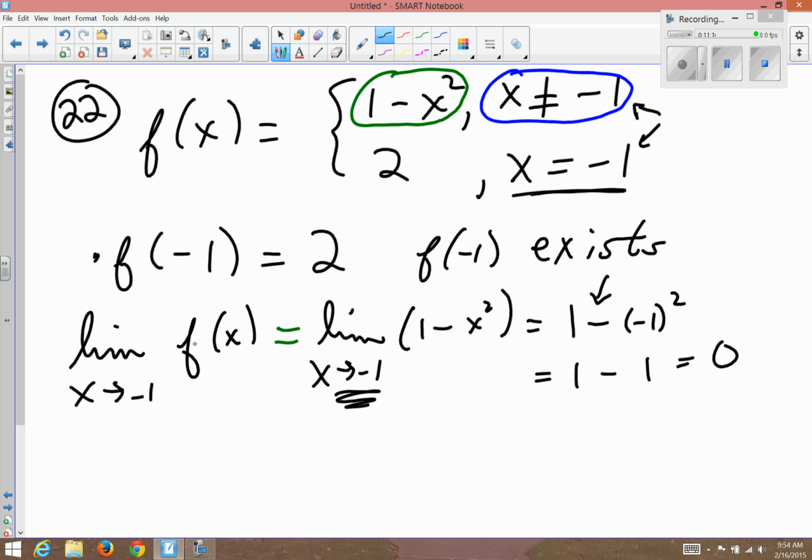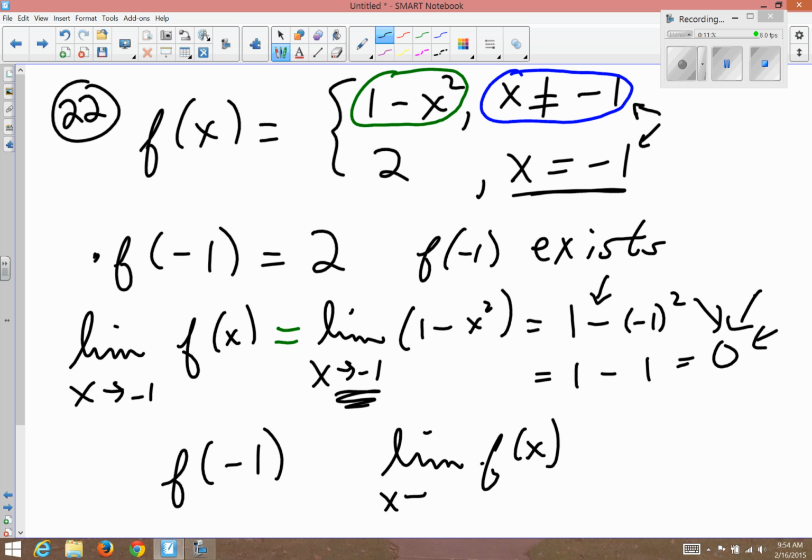So even though the limit of f of x as x approaches negative 1 exists, because it's 0, f of negative 1 is 2, and the limit is 0. Those are not the same number. So we do have discontinuity at x equals negative 1.